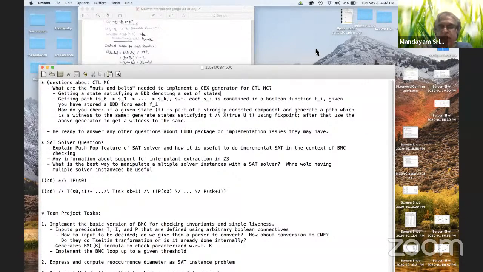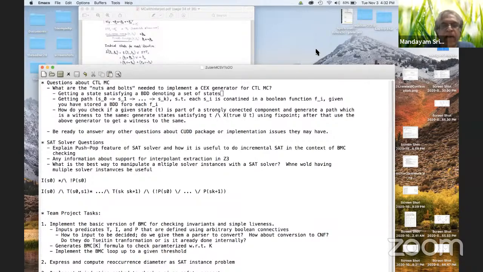And if you construct the BDD for that, then you can extract the successor. Essentially, you have to extract the successor state for I intersection tau 2. Okay, so that is where you have to think a little bit.